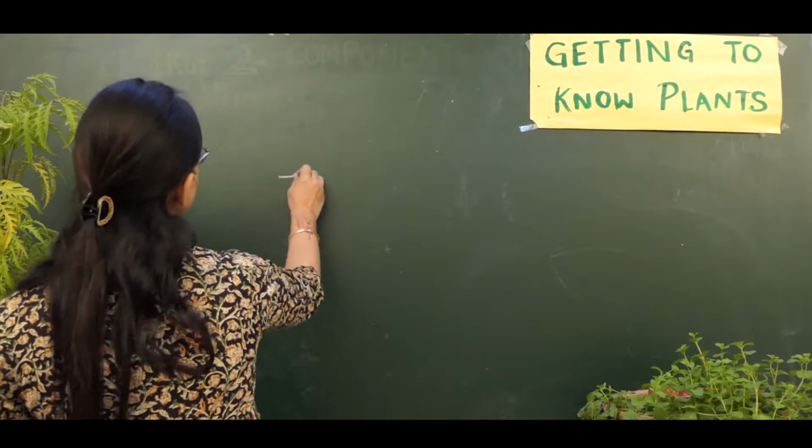So this process of loss of water from the surface of the leaves is called transpiration. Let's see the definition again. So what is transpiration?